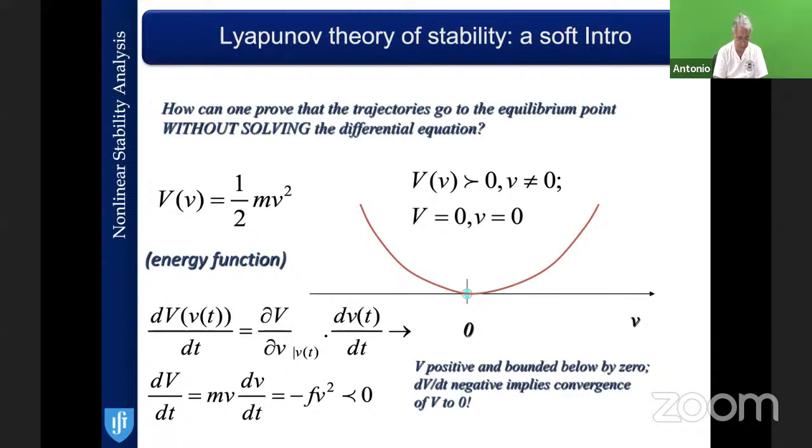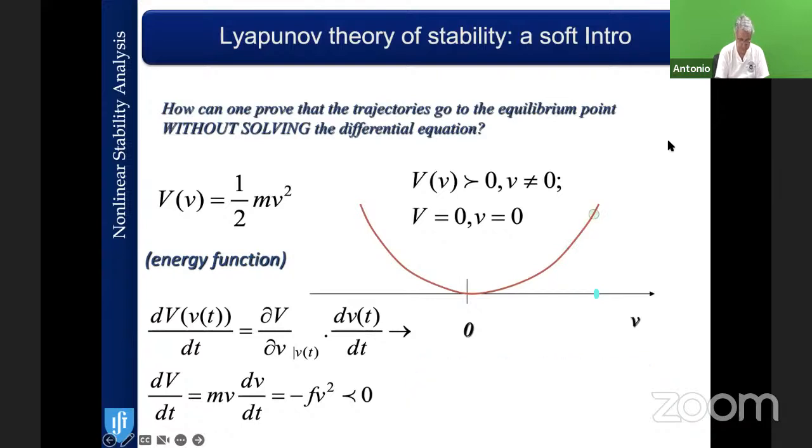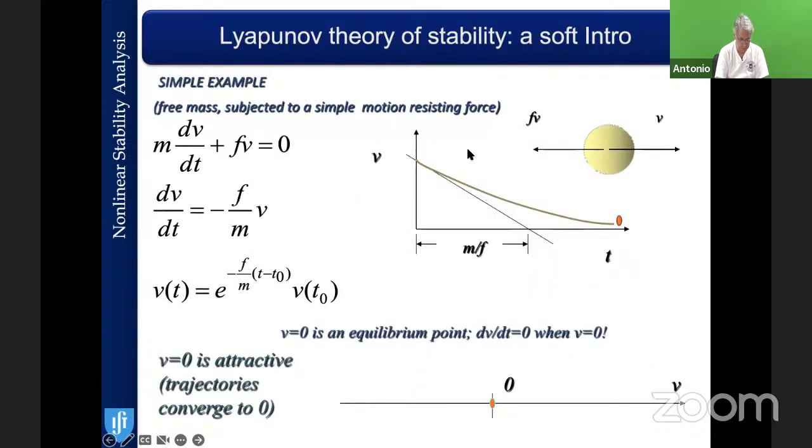But where was this now? dv dt. Well, remember that dv dt is minus f over m times v.